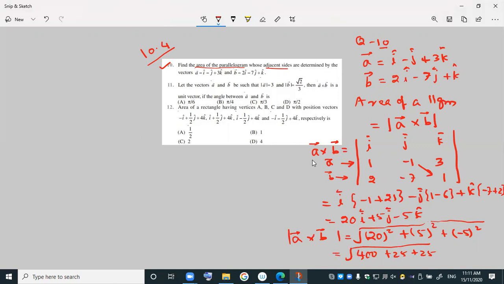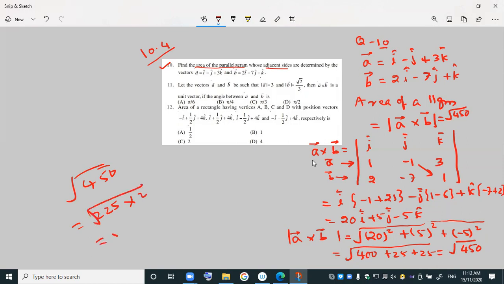That can be written as 225 into 2 under root. So the answer is under root 450, but this 450 we can write as 225 into 2.